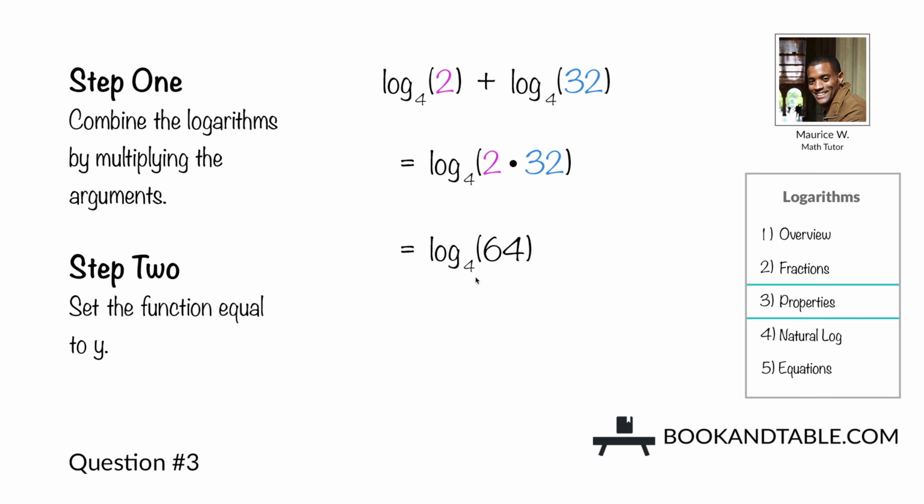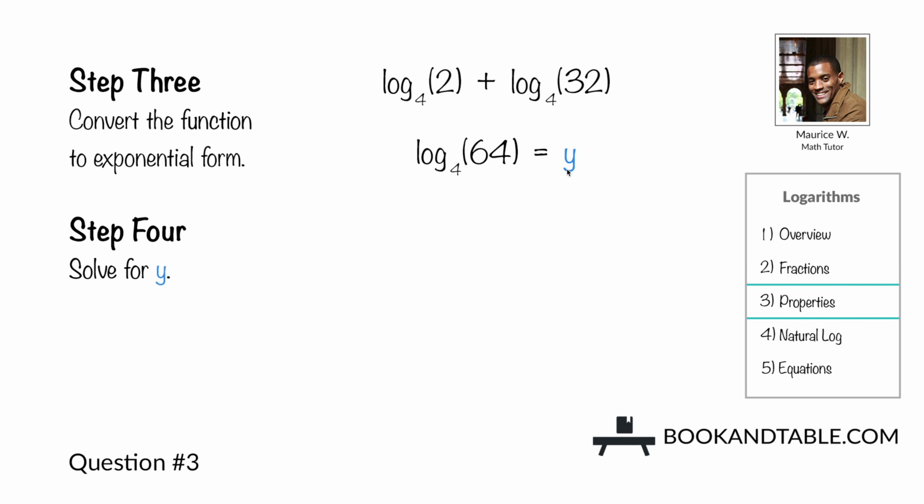So we'll do so by first setting this logarithmic function equal to y. So we have the log of base 4 of 64 is equal to y. And now we can change this function to exponential form. So we take our base 4, raise it to a power of y, and set that equal to the argument 64, as we see here.